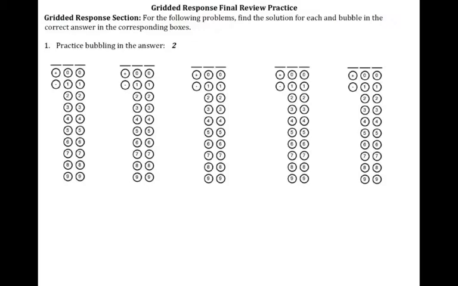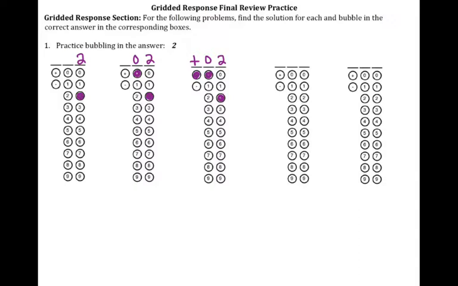So the first way, which is my favorite way, is just putting that number all the way to the right-hand side and bubbling it in. So there's one way to write 2. I could also do 0, 2 if I wanted to get fancy. If I wanted to get even fancier, I could do plus 0, 2. I don't know why anybody would want to get fancy for these.